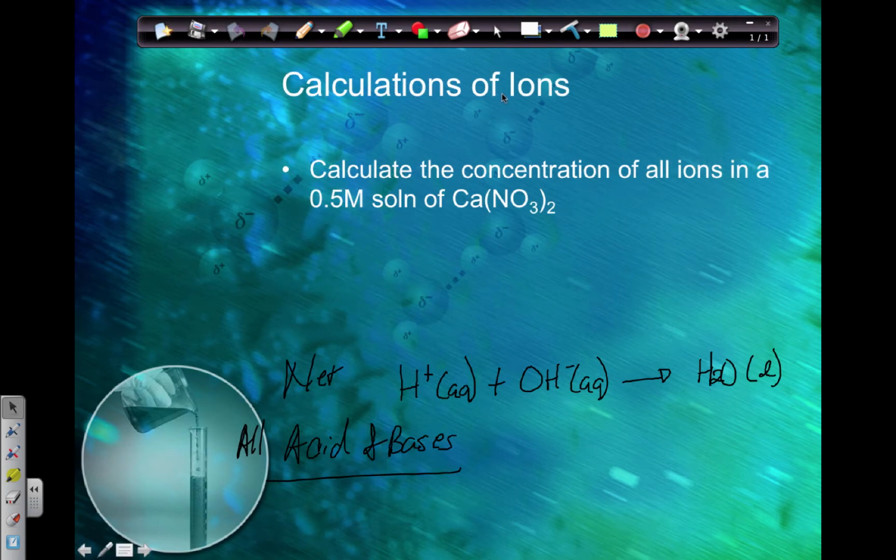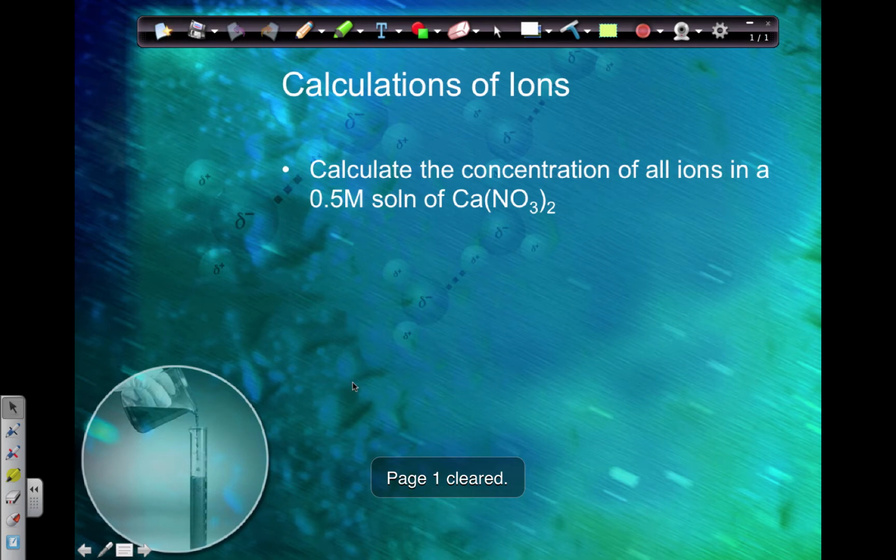All right, let's look at something else. Let's look at the calculation of ions. So I want the concentration of all ions in a 0.5 molar solution of calcium nitrate. So let's go ahead and make the ionic equation when it dissolves into water.